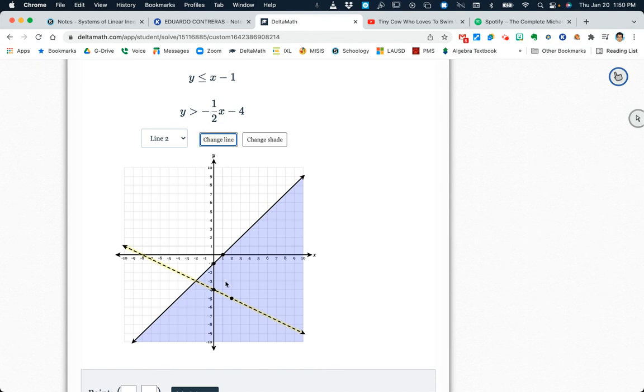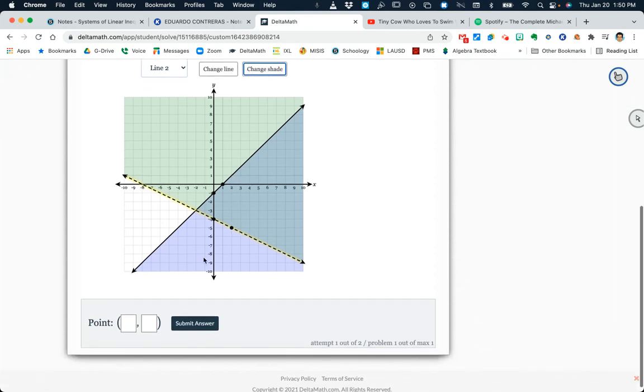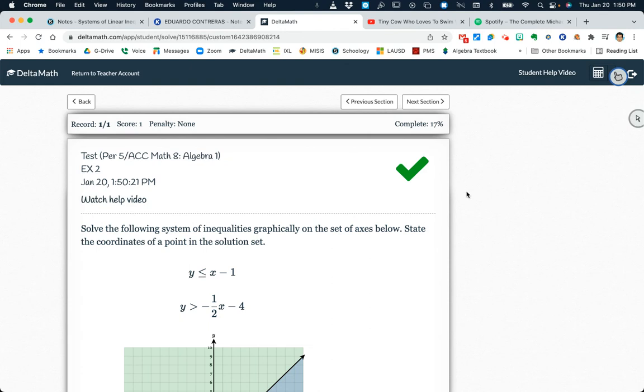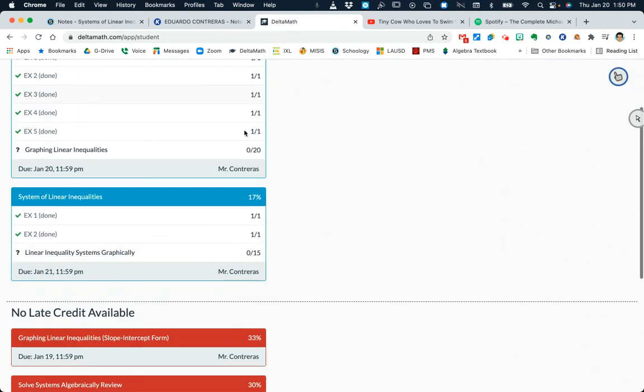And it's greater than, so we want everything above. We want everything here. So basically any point in this region, like 7, -1. I'm going to pick 7, -1. Try it out. There it is. Okay. All right. So that's the assignment.